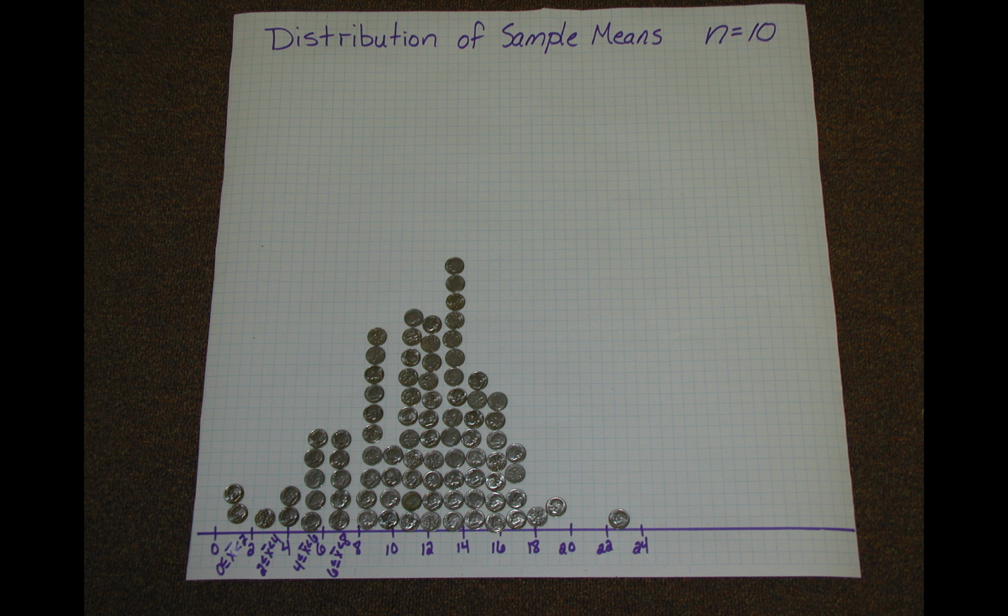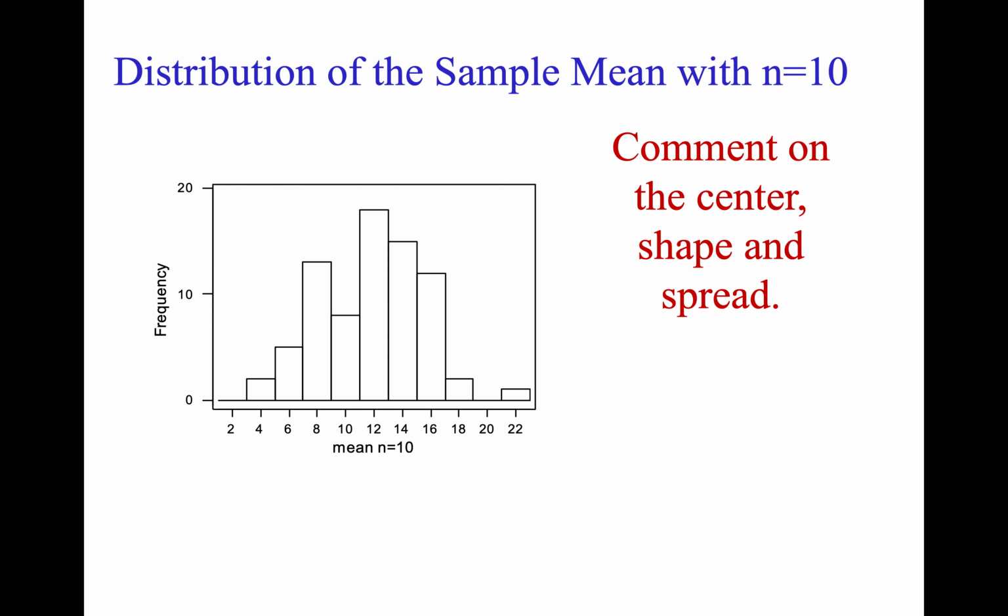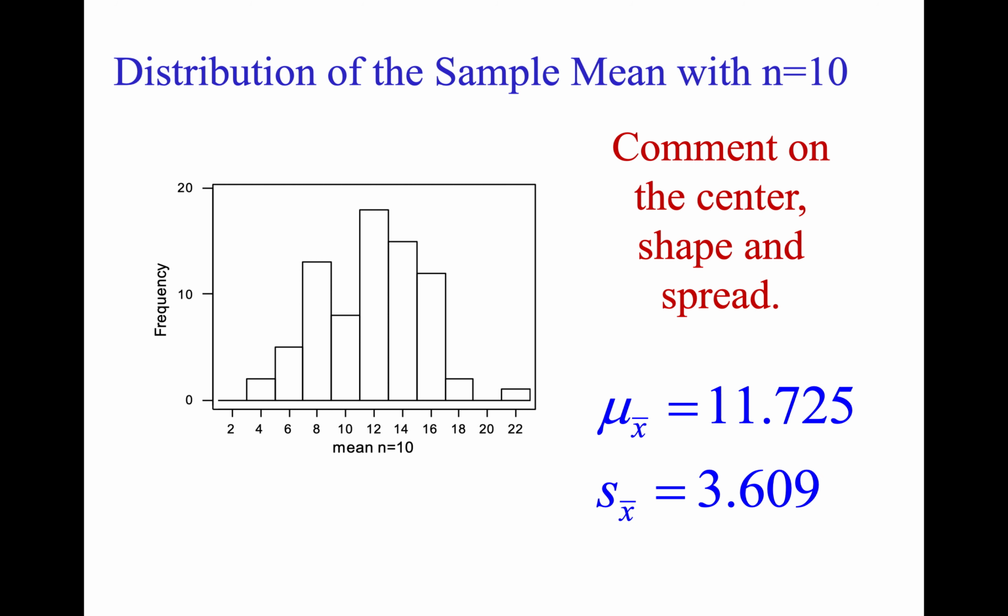You can see again that it has lost some of the skewness the original penny distribution had. Plugging those numbers into my computer software and looking at center, shape and spread, I've already commented on the shape. For mu sub x bar, remember this is a distribution of the sample mean with n equal to 10.